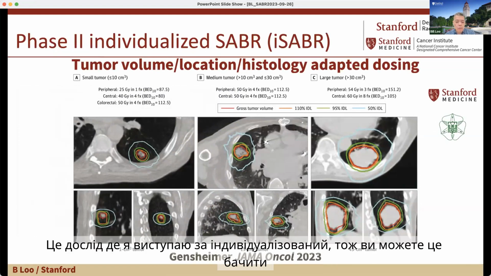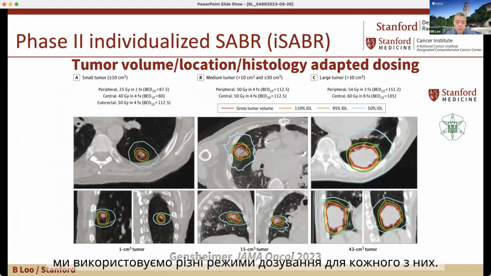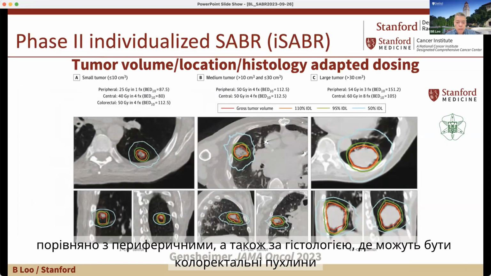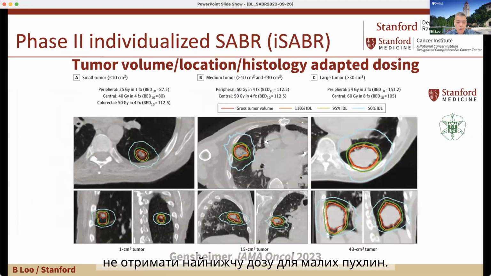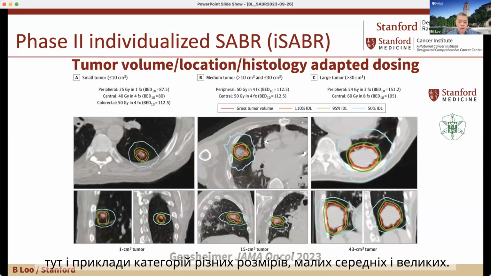You can see that we binned tumors into different size categories, small, medium, and large, and we used different dosing regimens for each one. We also adapted the dose for different locations, central versus peripheral, and also by histology, where colorectal tumors could not get the lowest dose for small tumors. You can see the schema here and examples of the different size categories.